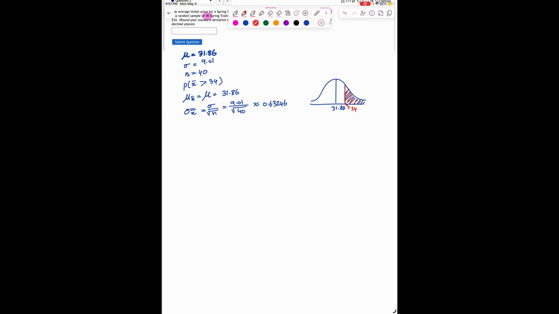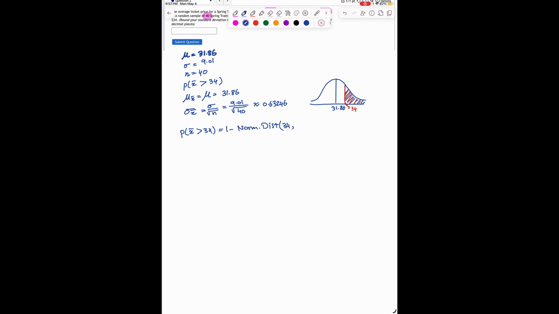So now we know that the distribution function on Excel computes the area to the left because it's cumulative. It cumulates down, it doesn't cumulate up, which means the entire area is 1. And then if we subtract the area to the left, we will get the area to the right that is highlighted red. In other words, in order to compute the probability that x bar is greater than 34, we're going to say it is 1 minus norm dot distribution, the area to the left of what number? 34.